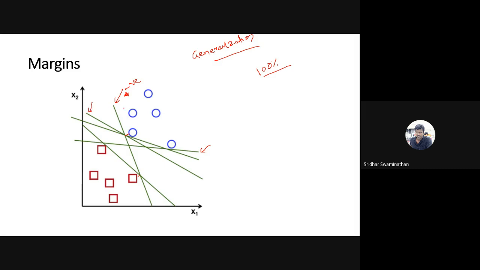What about this one? This particular line is close to this blue class and it is very far away from the red class. So if somebody comes here, then the model will probably think it is a red class, but maybe it belongs to the blue class because it is close to this area.